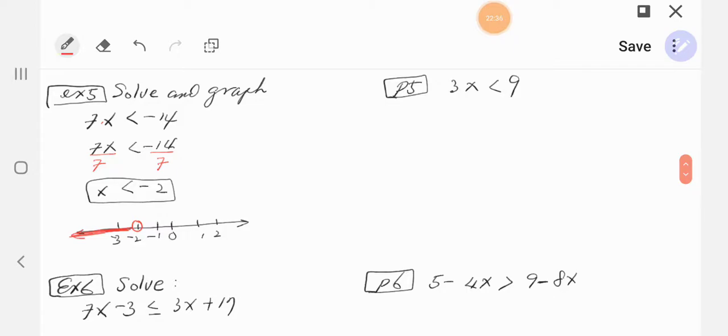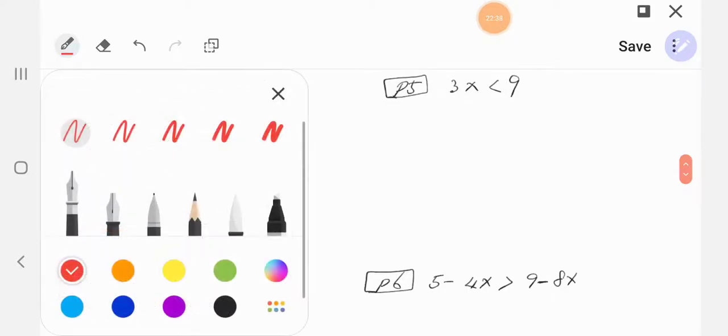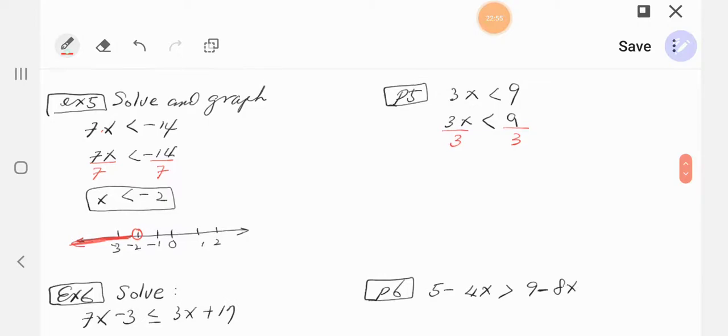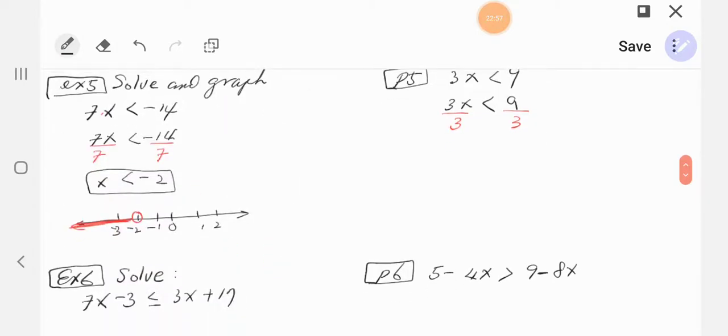How about this one? Still the same, right? We will divide each side by 3, and 3 is a positive number, so we don't have to flip the symbol. Then x is less than 3.